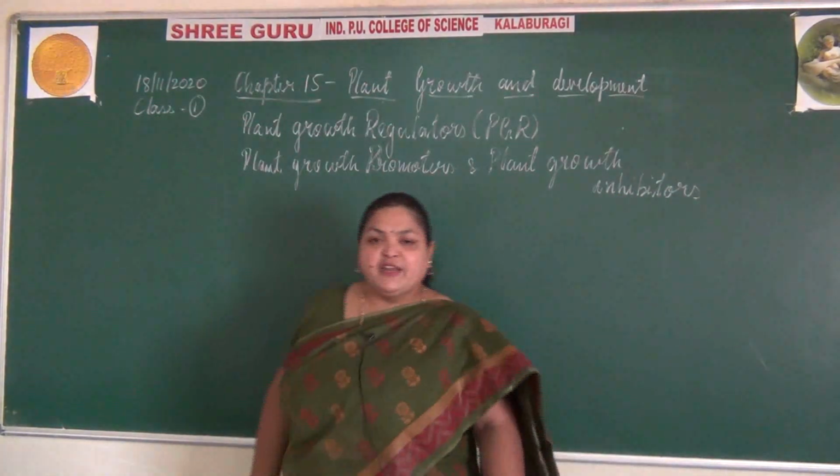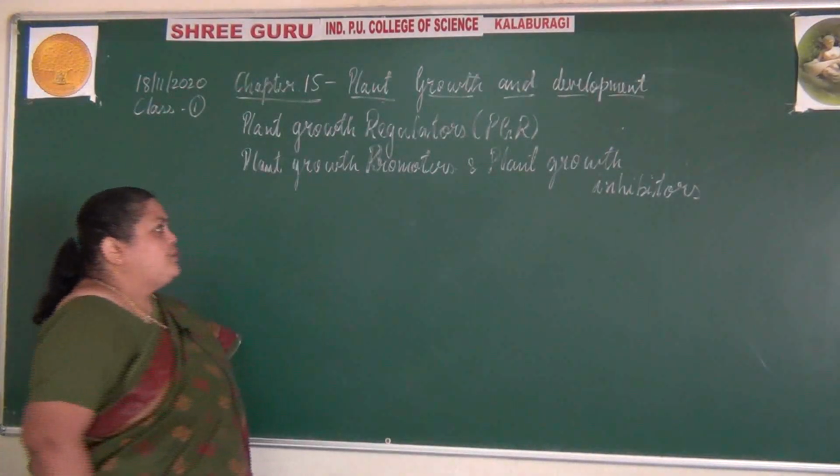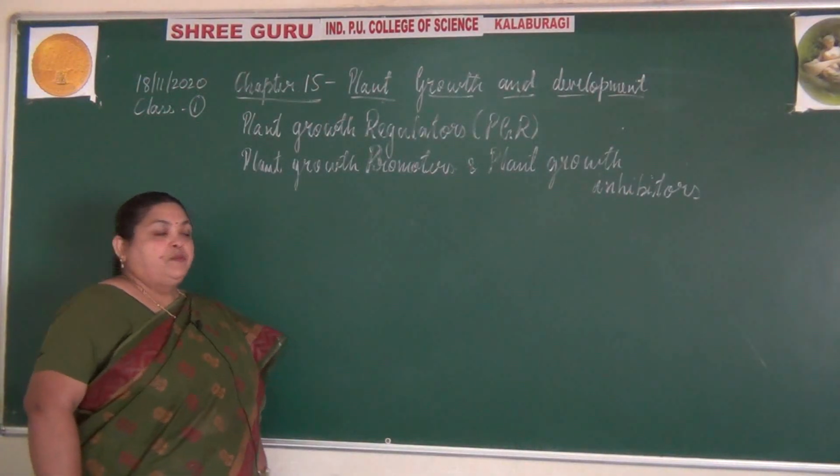In plant growth regulators, they have been classified into two types: plant growth promoters or plant growth inhibitors.